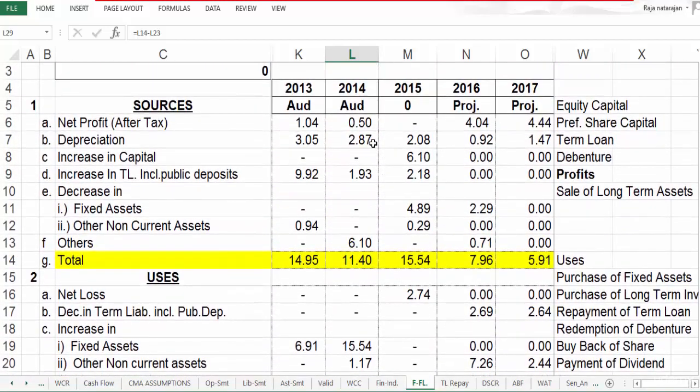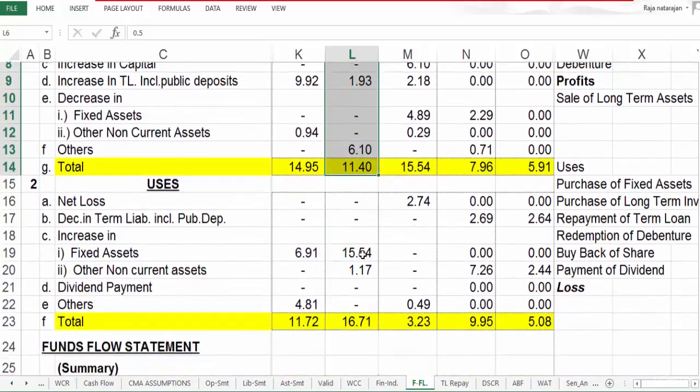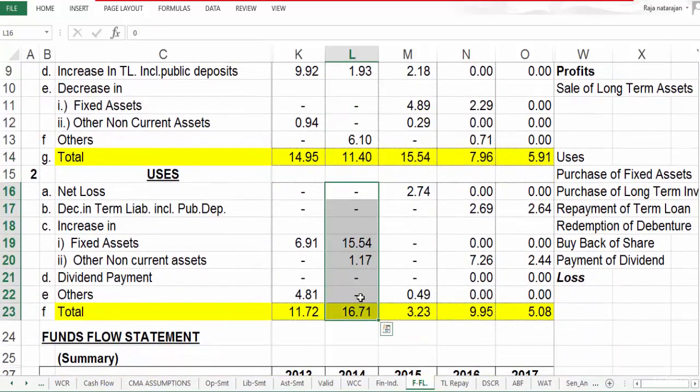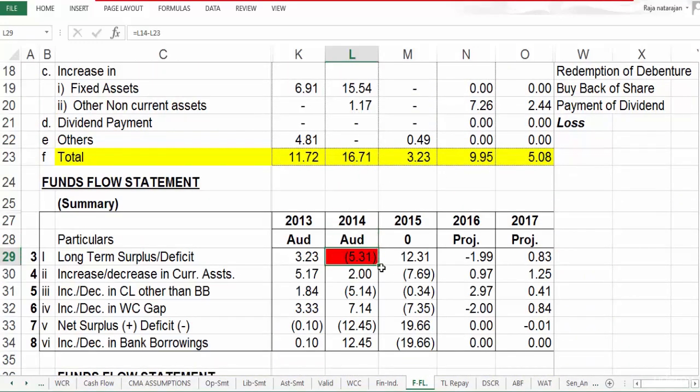So understand, the fund flow statement will tell you the sources, what the uses are, and it will reveal whether you have a surplus or deficit. If you have a surplus, you can be happy about it. If you have a deficit, you have to go back and see how that deficit was funded. In 2013, they had a surplus, and something was happening.